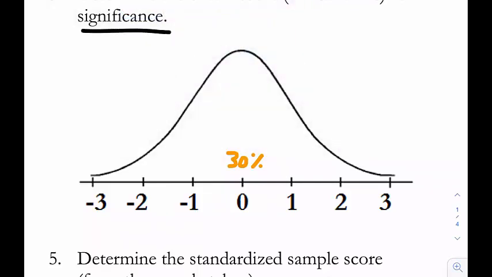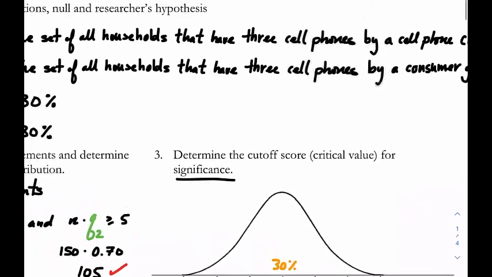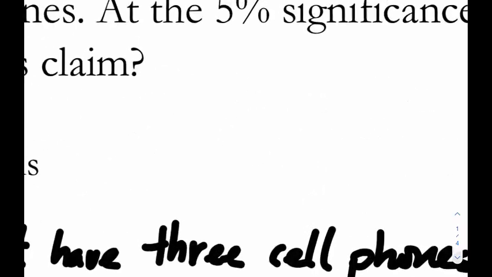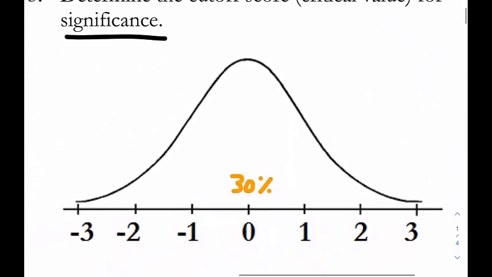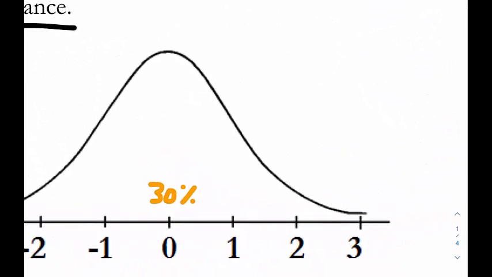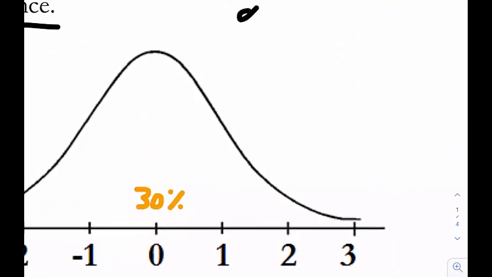We know that significance is that level of significance. Let's find that up there at the top. There it is. We know that we have a 5% level of significance, and as a decimal, that's equivalent to 0.05. So alpha is equal to 5%, which is equivalent to 0.05.